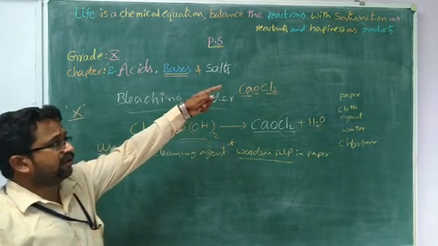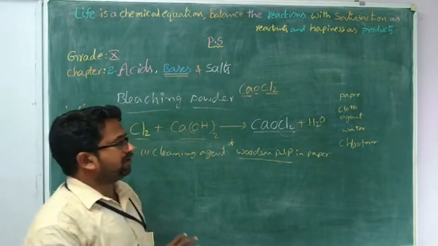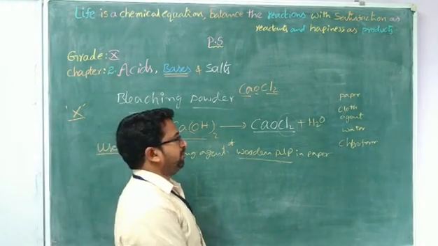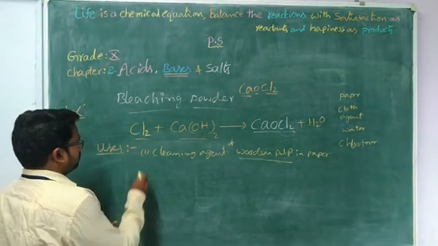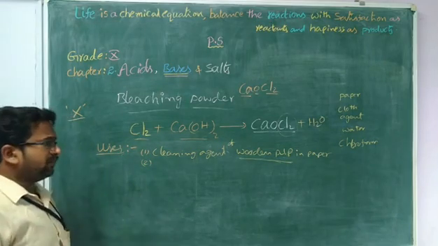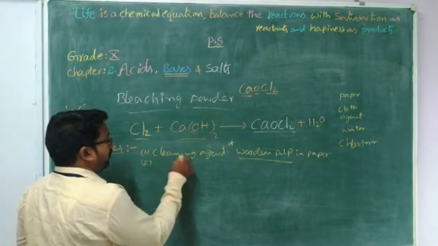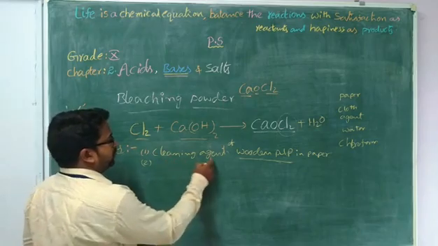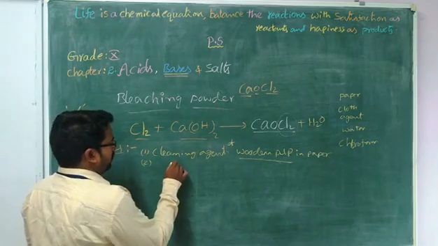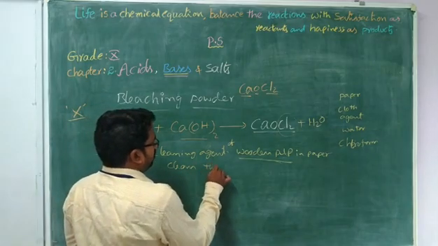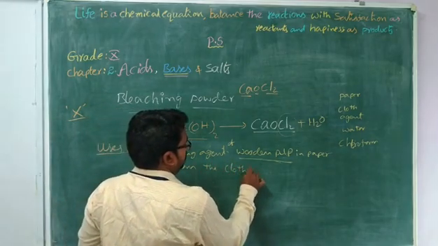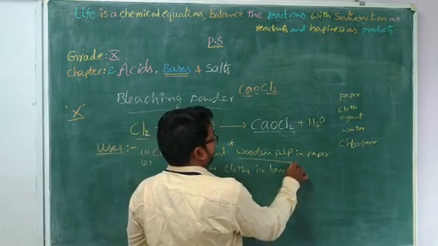Okay, what are the keywords? Paper, cloth, agent, water, chloroform. Paper, cloth. So second point is about cloth. There also bleaching powder is used. What purpose? To clean the cloths in laundry.